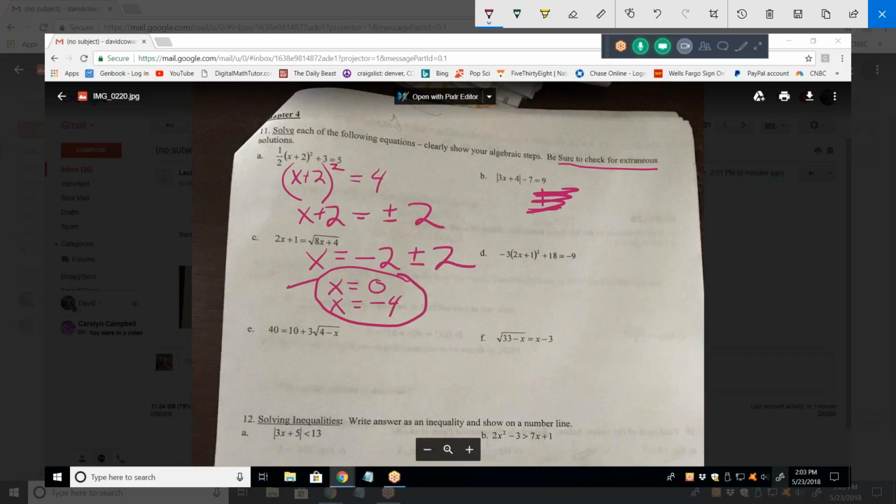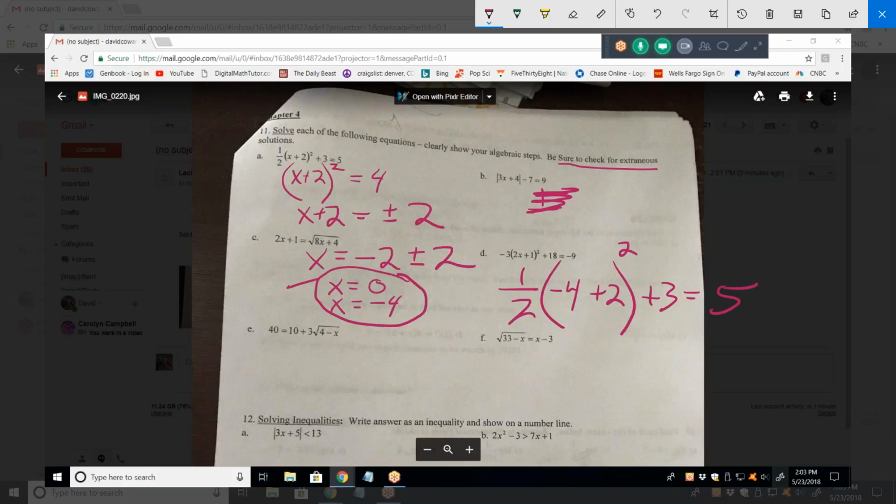Okay. You must be having a little problem plugging these in. So I'm just going to plug in minus 4. Okay. And I'm plugging it in only for x. Now, the question is, is that still a proper equation?